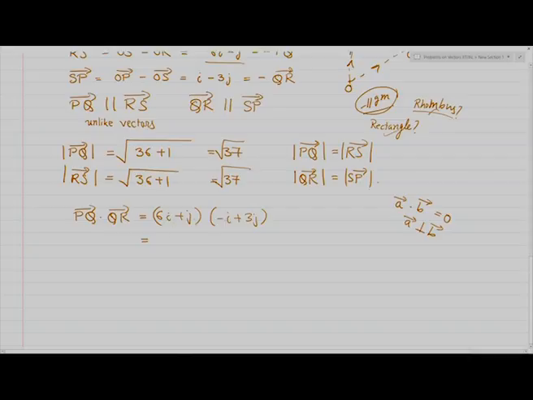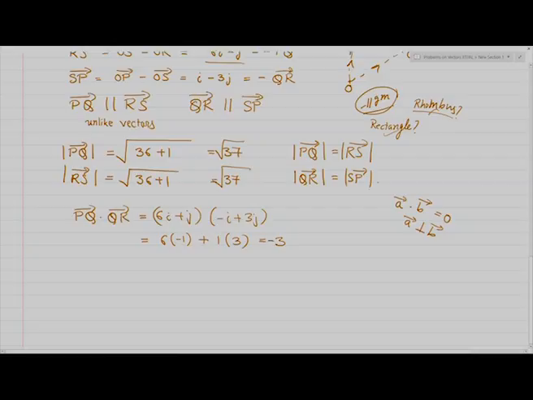So, this is 6 into minus 1 plus 1 into 3, which is equal to minus 6 plus 3, which is 3, right. One minute. It is not 3 because minus 6 is there. So, it is minus 3.